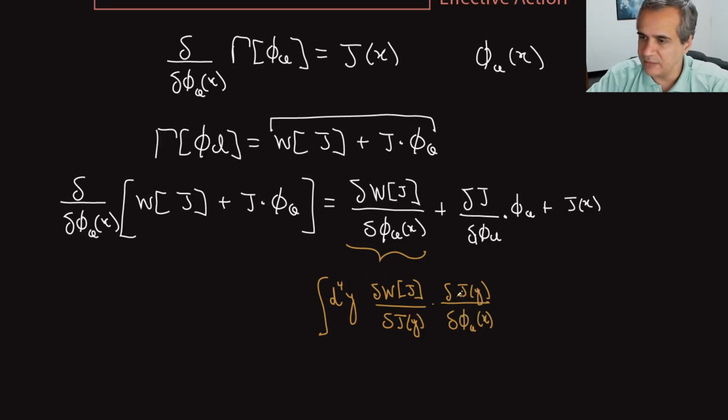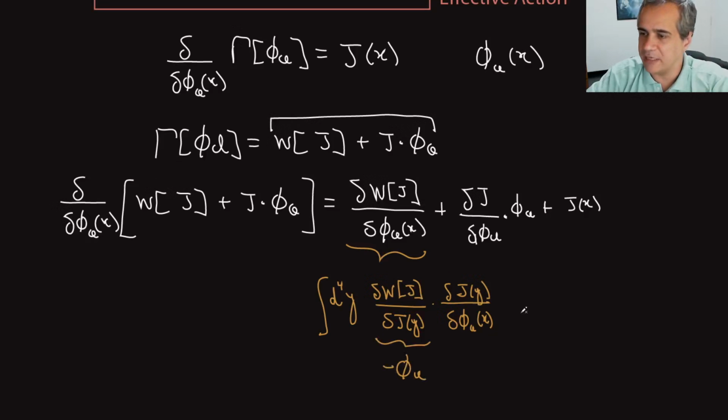So this ends up being a function of x, and this is the chain rule. I know that J depends on phi classical in some complicated way. We have seen that when I was defining phi classical, this is in the presence of sources. You're looking at the vacuum in the presence of sources. But I don't need to know, because this part I know. This is just the definition of phi classical.